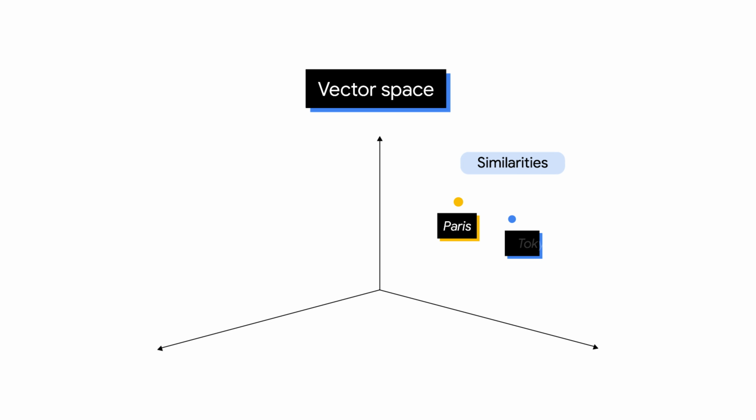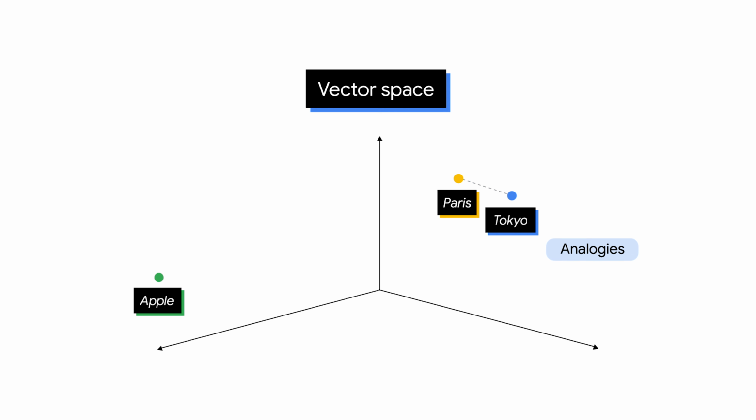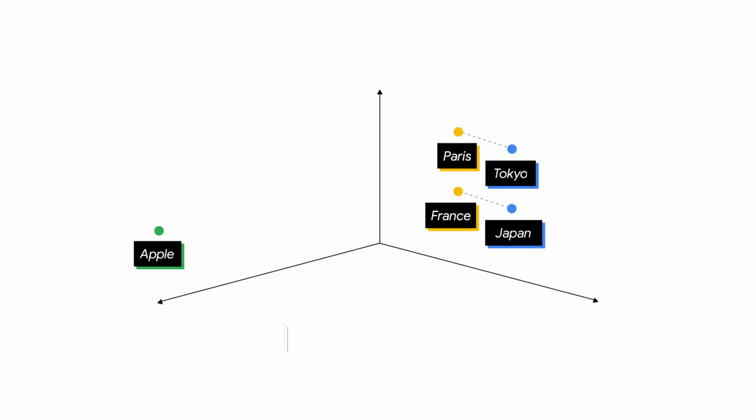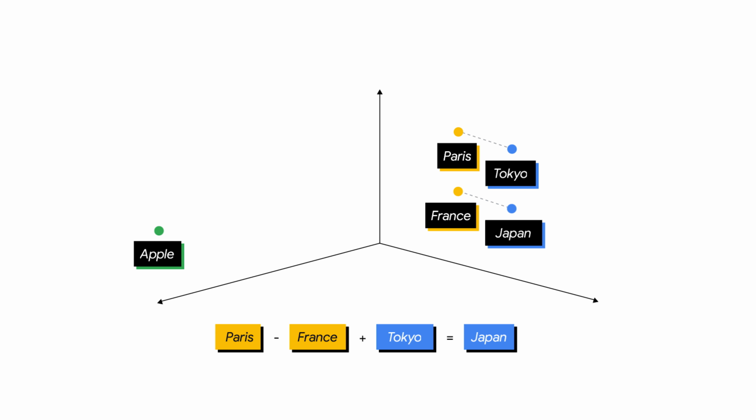For example, Paris and Tokyo are close to each other, but far from Apple. Additionally, you want this representation to capture the analogy between words. For example, the distance between Paris and Tokyo is similar to the distance between France and Japan. Now you have Paris minus France plus Tokyo equals Japan. Isn't it amazing to play with words in the same way you play with numbers?